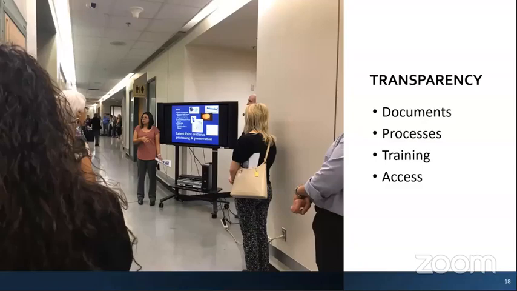So that includes members of the community. It includes judges, prosecutors, defense attorneys, all of those individuals that have a stake in the outcome of your laboratory's work product. This includes access to documents, processes, training those individuals, providing tours.